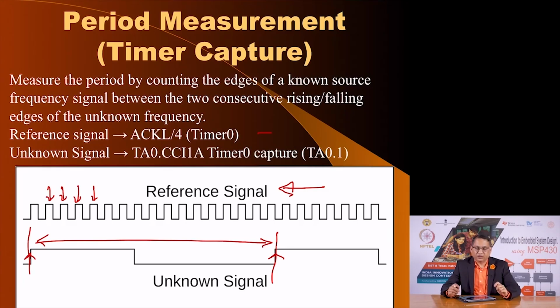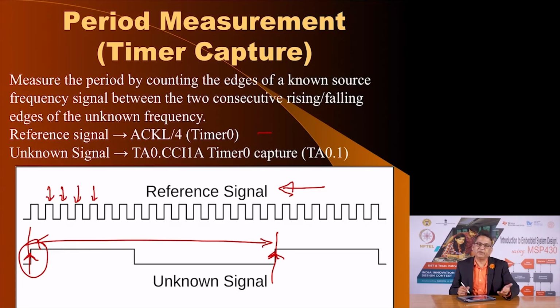We are going to count these pulses into the timer register, and for the external signal whose frequency we want to measure, at the first rising edge we will capture the timer register value and note this value down in a variable, and then when the second rising edge comes, we will note the timer value again.